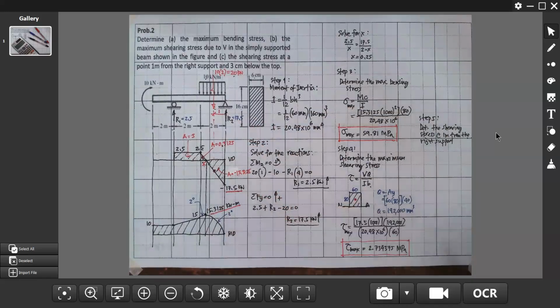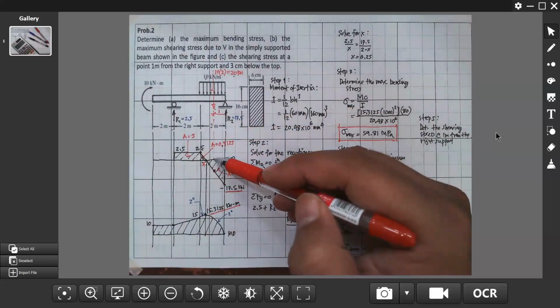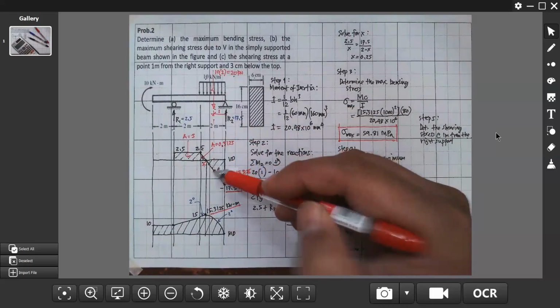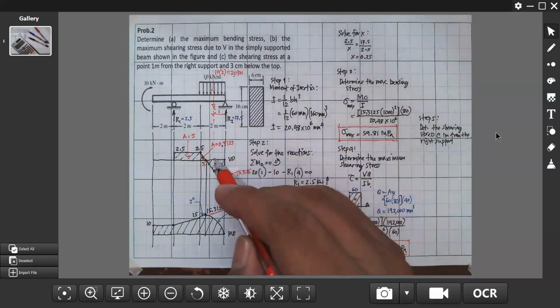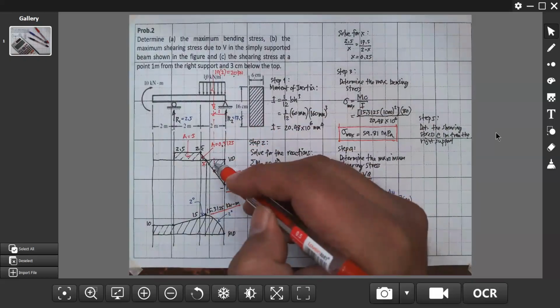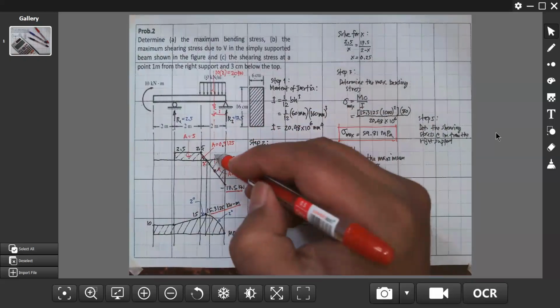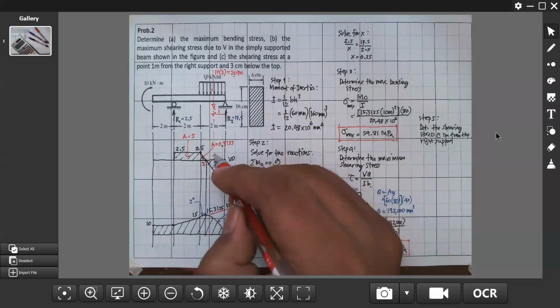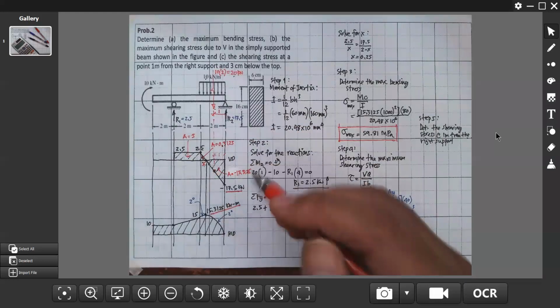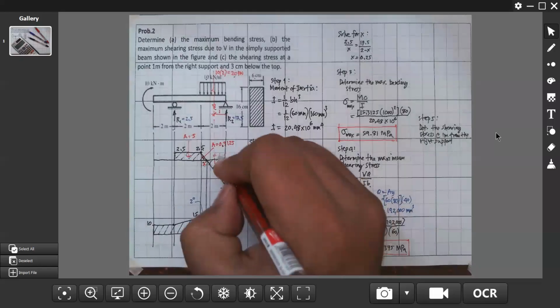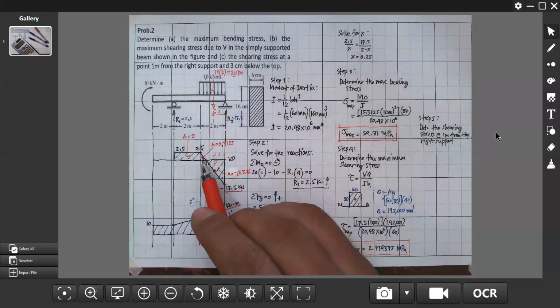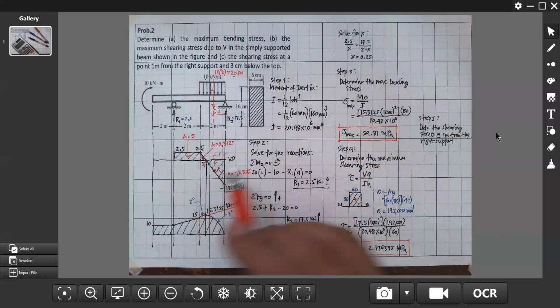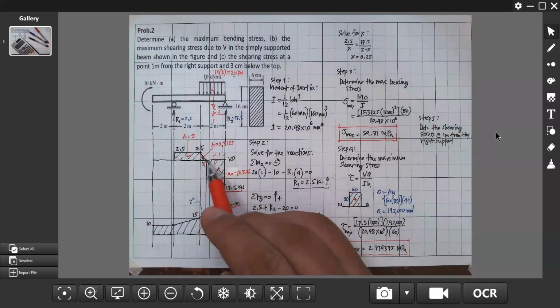You can use ratio and proportion. Since our x is 0.25, the remaining distance is 0.75.